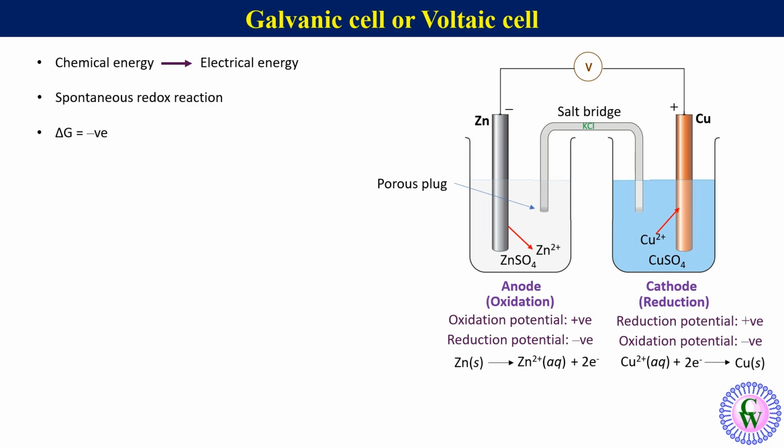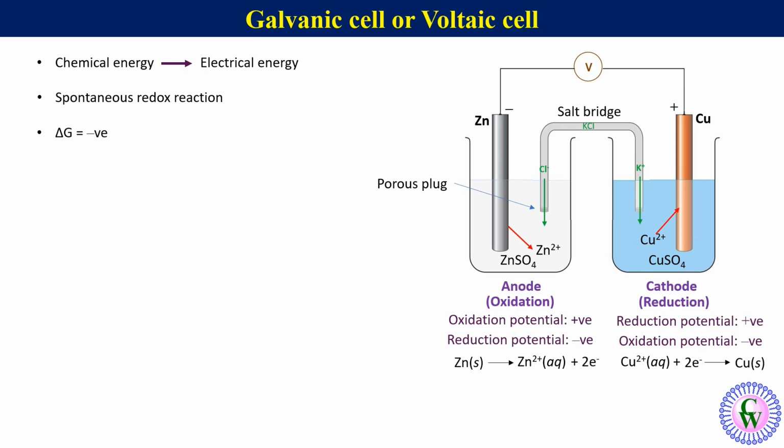We can see that by redox process, cathodic solution becomes negative while anodic solution positive. To maintain electrical neutrality, cations in the salt bridge, that is K plus, flow towards the cathode and anions, that is chloride ion in the salt bridge, flow towards anode.